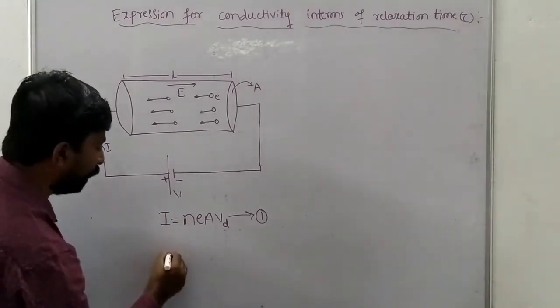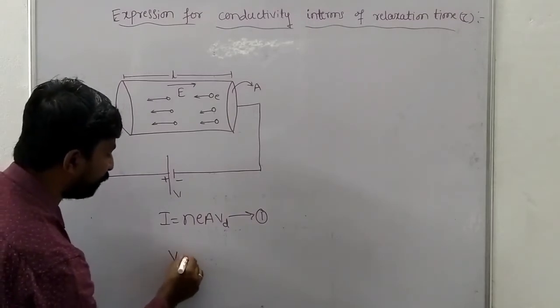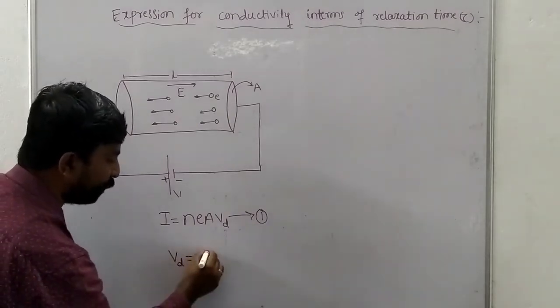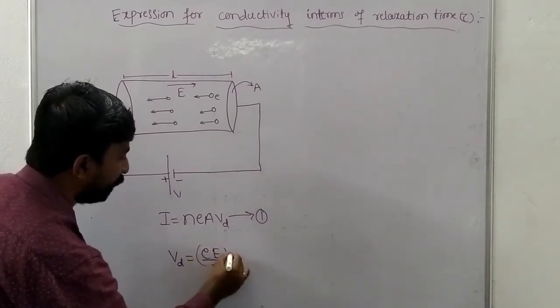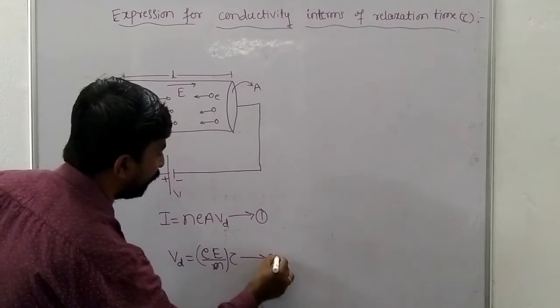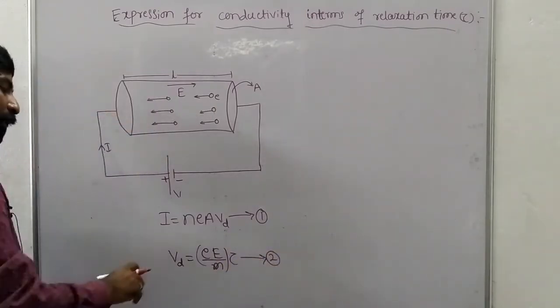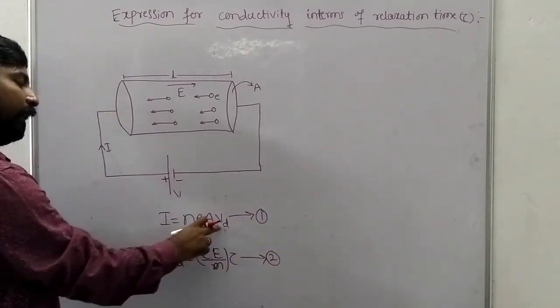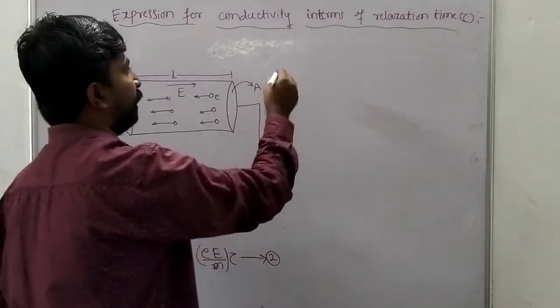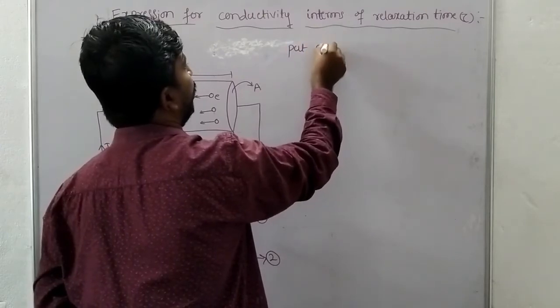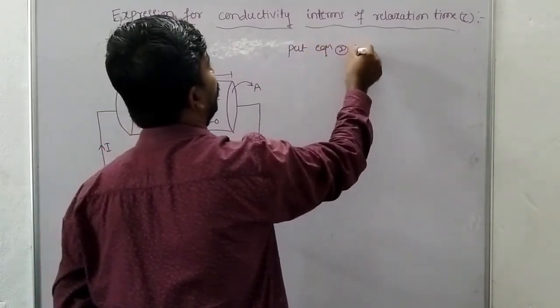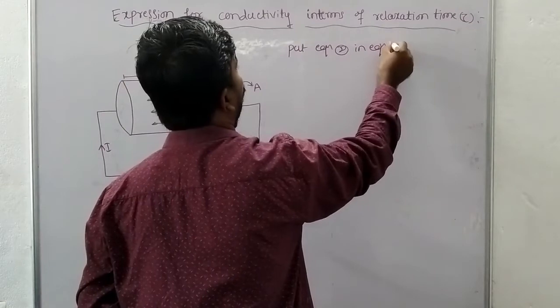Therefore the drift velocity Vd is equal to small e capital E by m into tau. So this is equation number 2. Substitute equation 2 in equation 1.